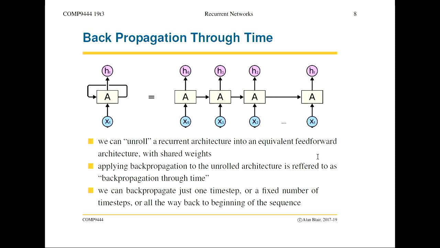Based on that, you backpropagate the differential here and here, and then you backpropagate that differential here, and you kind of backpropagate like this. But because these weights all have to be the same, you accumulate the differentials, and then you make the weight updates.